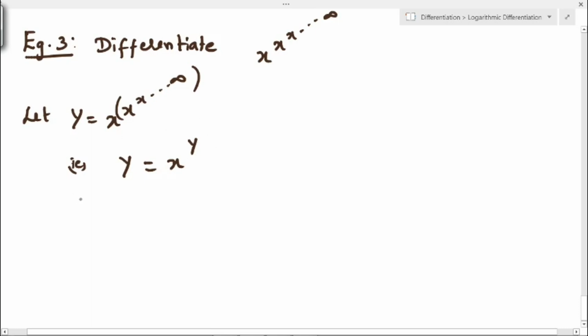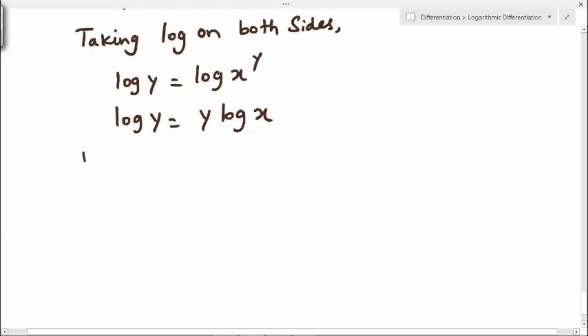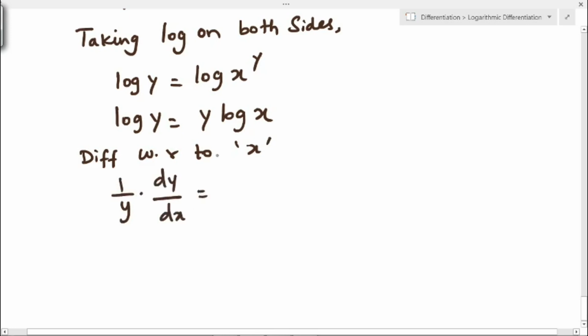Now taking log on both sides, log y equal to log of x power y. So this is log y equal to, so just write the power term first, that is y log x. Now we have to differentiate this with respect to x. So first left hand side, log y differentiation 1 by y into dy by dx equal to, here we have y into log x. This is again by the product rule.